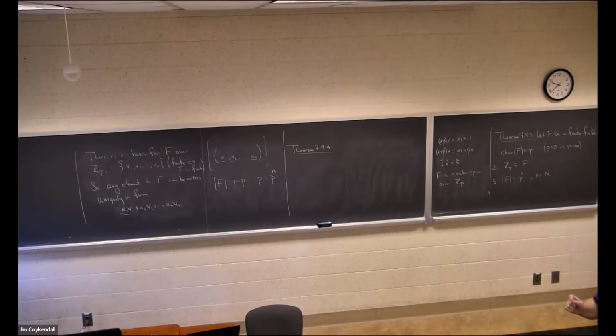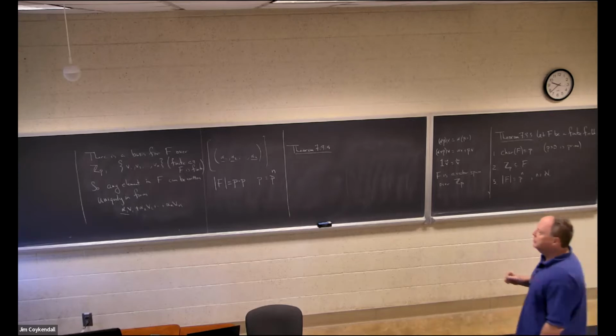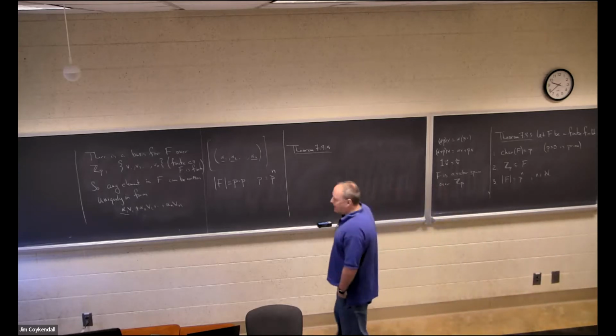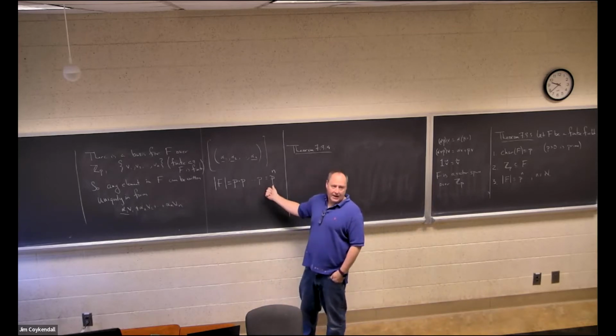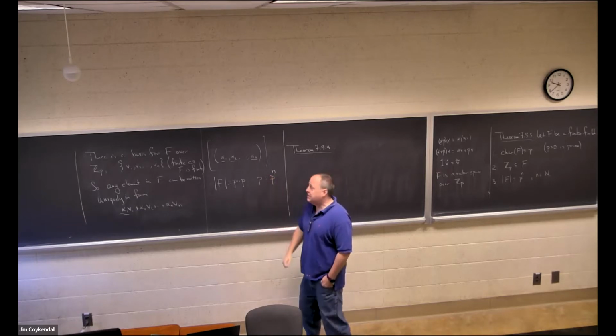We've also shown that if there are other fields of characteristic p, they have to have p to the n elements. What we have shown is if there is a finite field, that's its size. I haven't shown you that they exist. Other than for the case n equals 1, we don't know that these even exist. This theorem tells you.